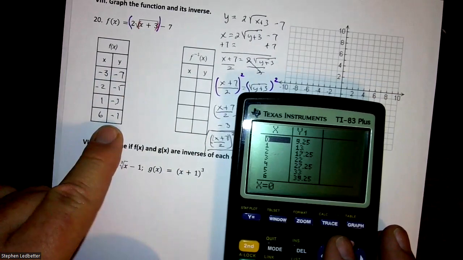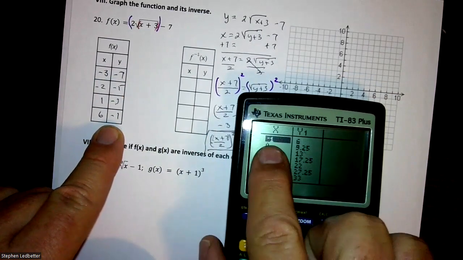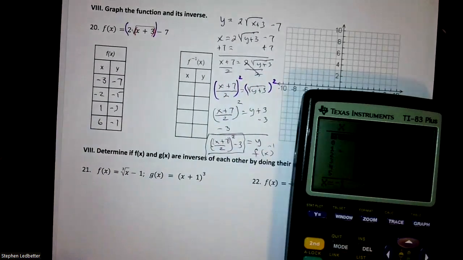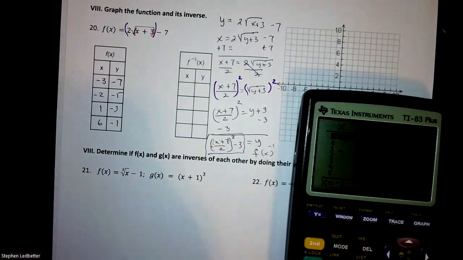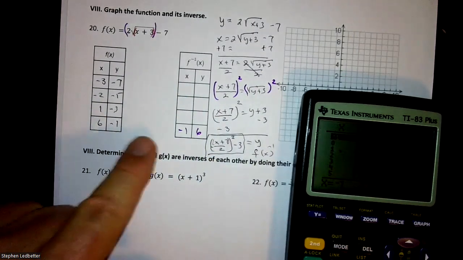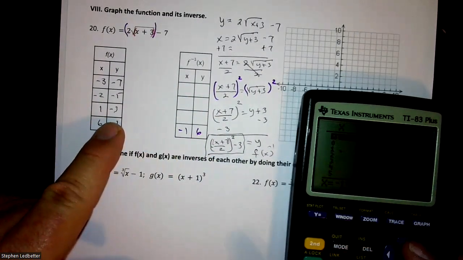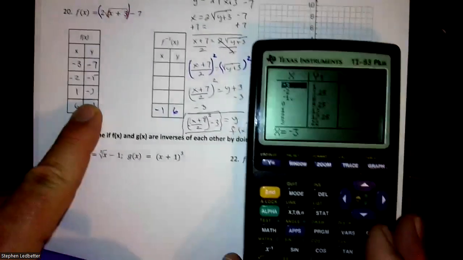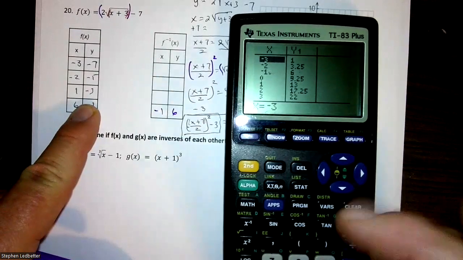All right, so we're going to go to -1. So let's go up. Look, -1 and 6. It's the opposite. Let's do it in different colors so we see it. So my x value here is -1 and my y value is 6. See how they're opposite? Now I'm going to go to -3. Look, -3 and 1.